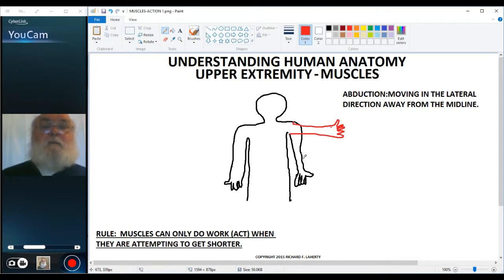So we move from here to there, straight out to the side. This is abduction.